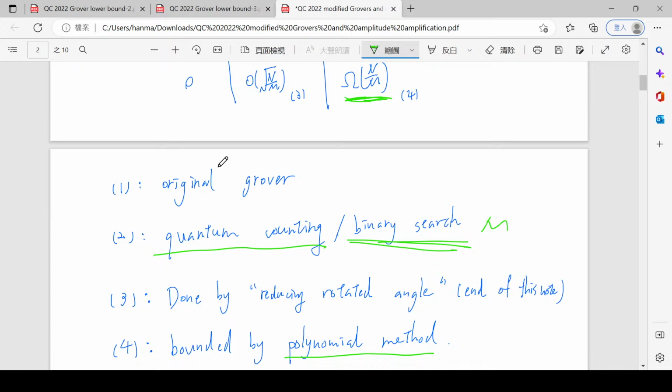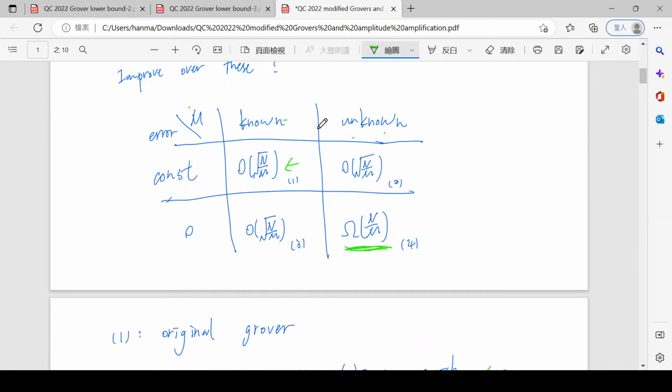Huh? Is there any error correction method? What do you mean? I mean, you can always do amplification, right? So if you want like a delta error, then you can just, let's see, you are doing search or decision, let's say decision.